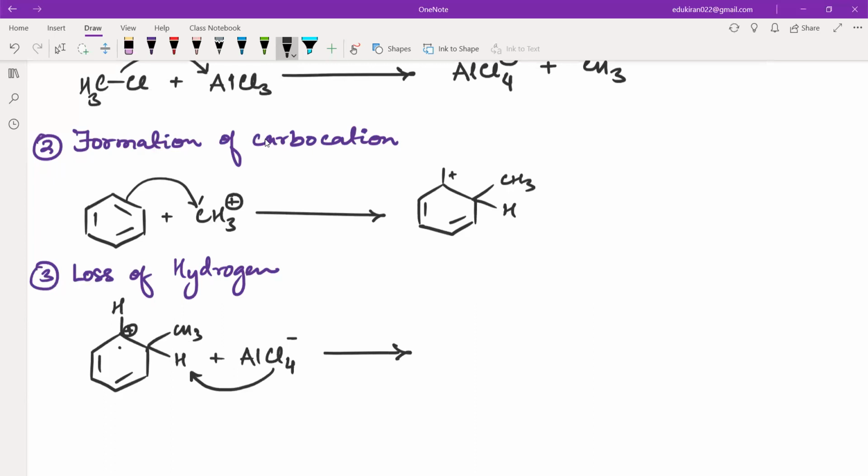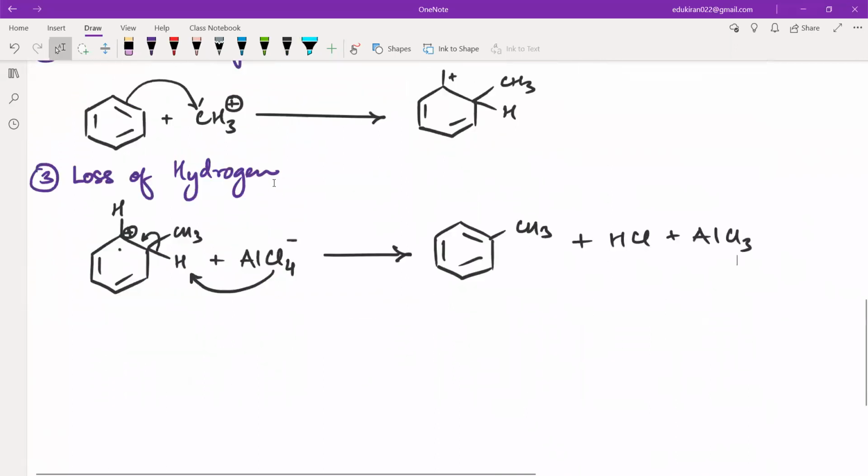Here we have hydrogen. This hydrogen will leave the electrons to this bond. So the pi bond will be reformed. So you have got the benzene ring again with a CH3 alkyl group attached, and again you are getting HCl plus AlCl3. Please tell me, is this fine till here? Yes or no? Yes, sir. Okay, fine.